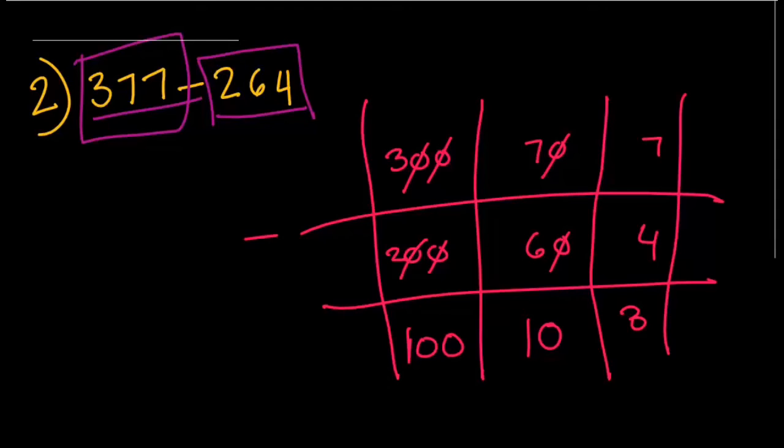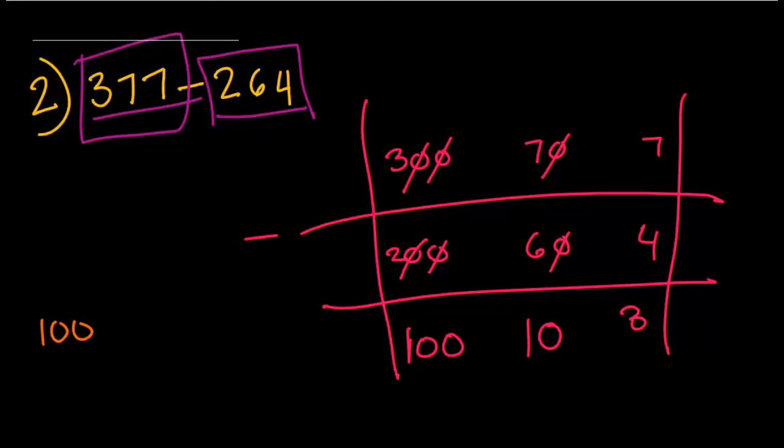So now we have to write it back in expanded form. These lines disappear and we get addition signs. 100 plus 10 plus 3.